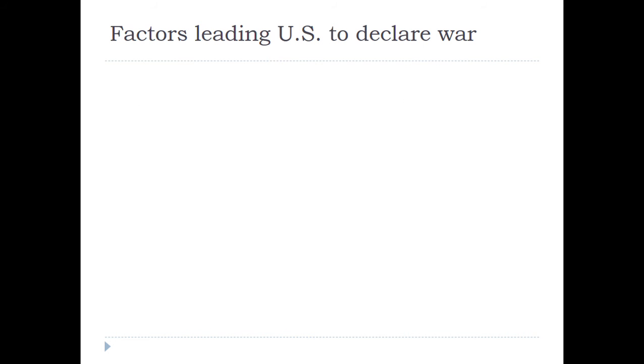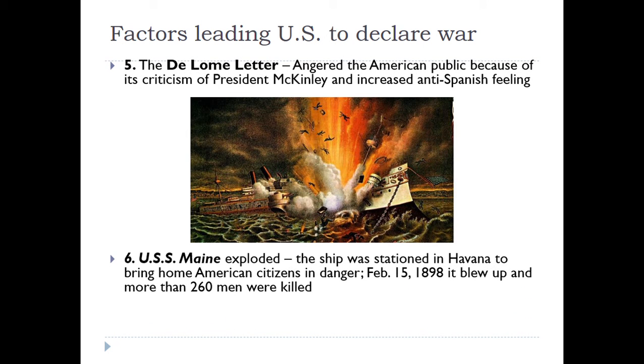The last few things here would be the De Lome letter and the explosion of the USS Maine. The De Lome letter was a message from a foreign minister or representative to Spain. And the message that was being sent included some insults about the American president.